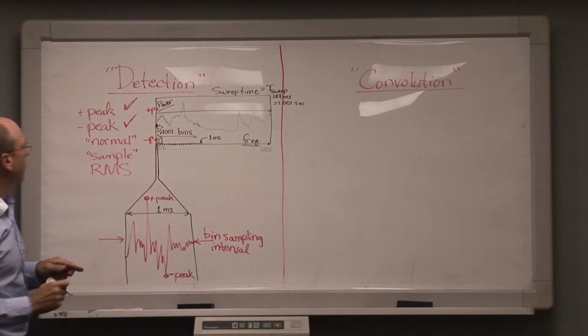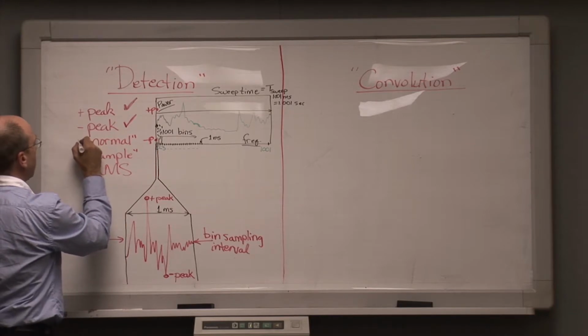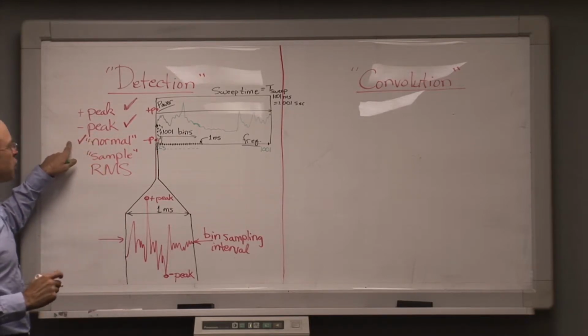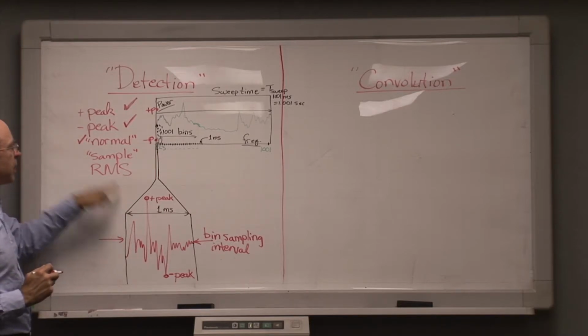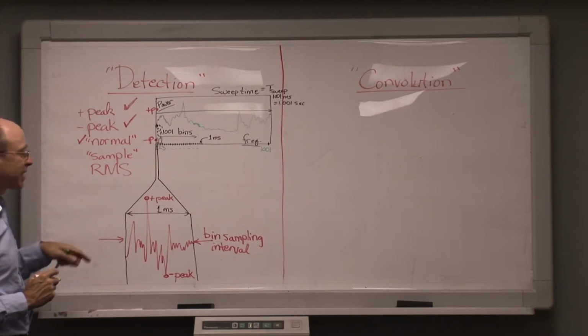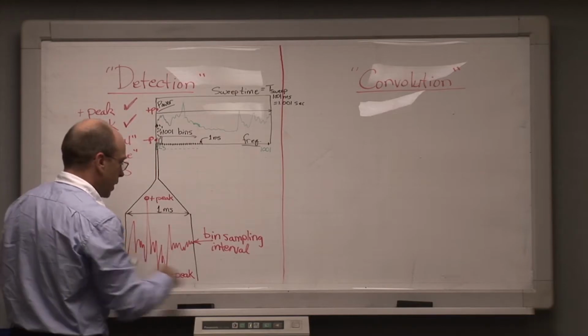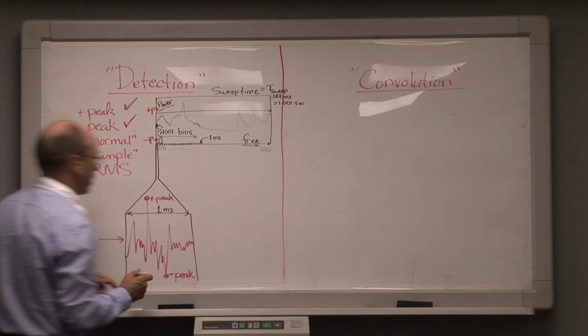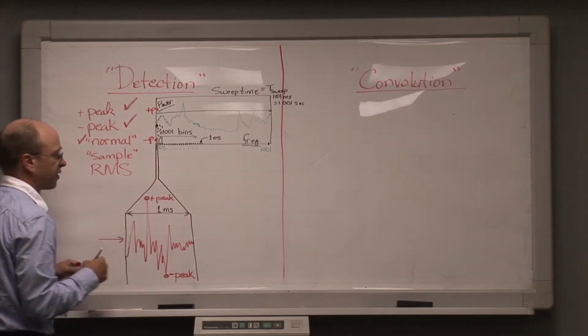Now, next, so-called normal detection. Normal detection is a switching operation between positive peak and negative peak on successive bins. In normal detection, bin number 1 will be picked as, let's say, positive peak.